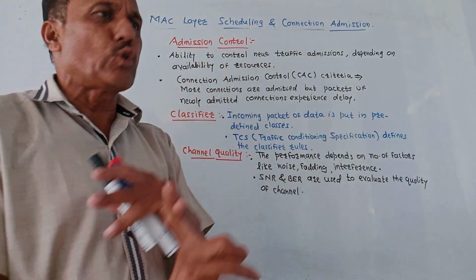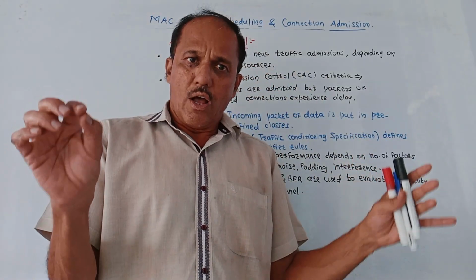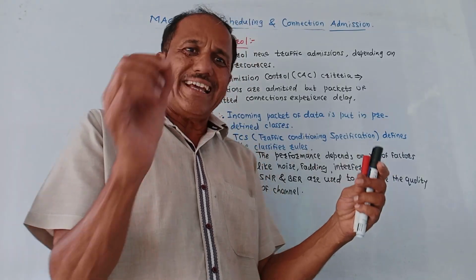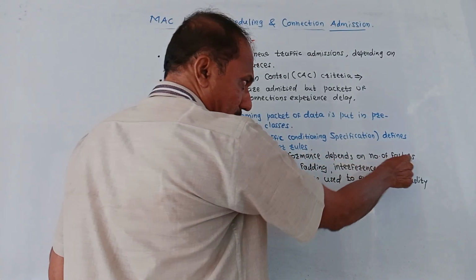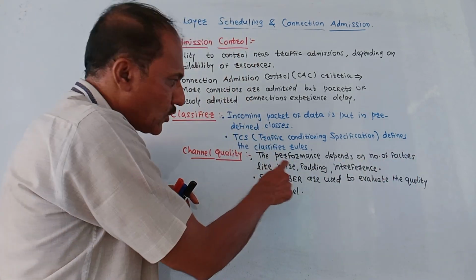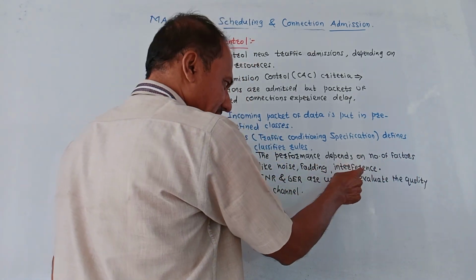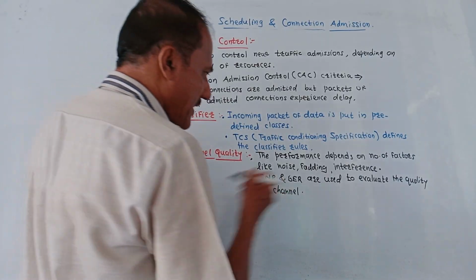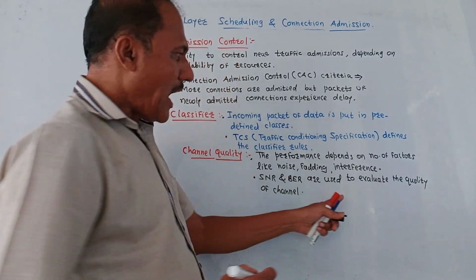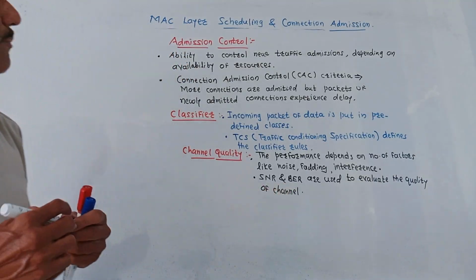These parameters may include signal to noise ratio, or bit error rate. The performance of the channel depends on a number of factors, including noise, fading, interference, and so on. SNR, that is signal to noise ratio, and BER, that is bit error rate, are used to evaluate the quality of a channel.